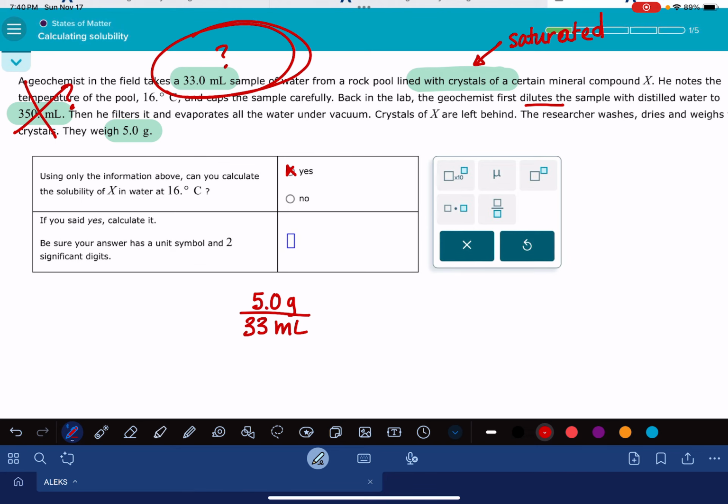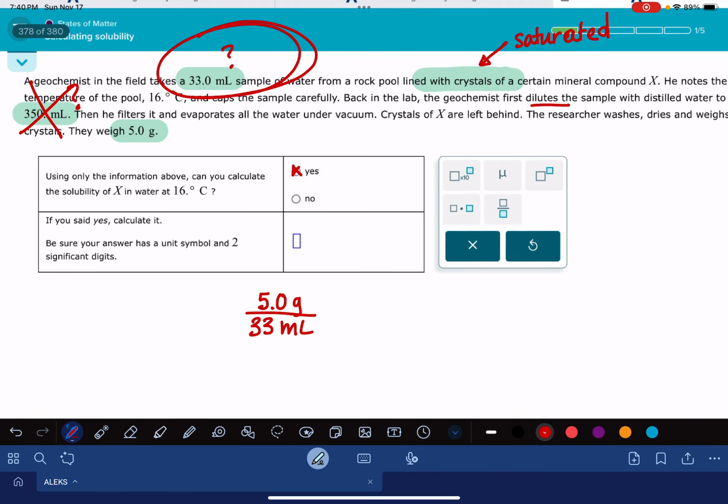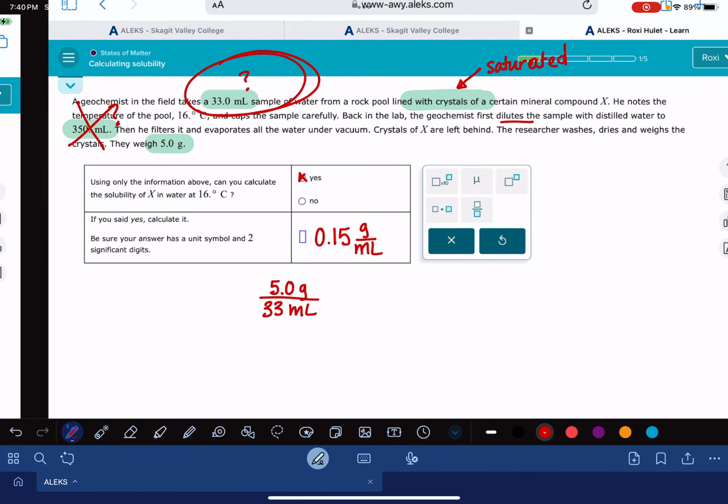Either way, we want to calculate the solubility of the original 33 milliliter sample. So let's do the math on that. 5 divided by 33 is 0.15 grams per milliliter.